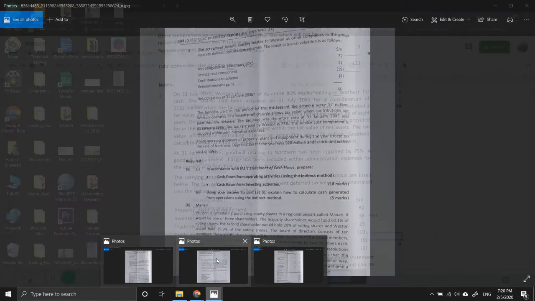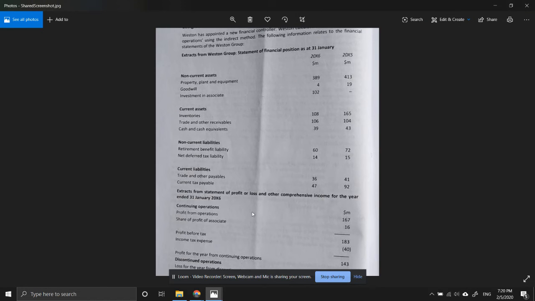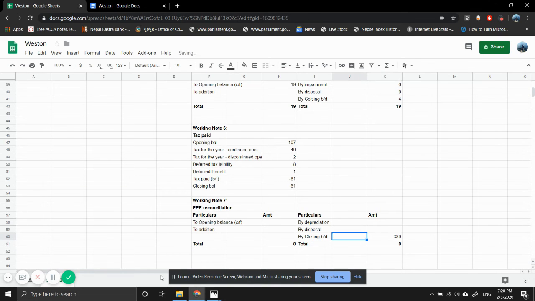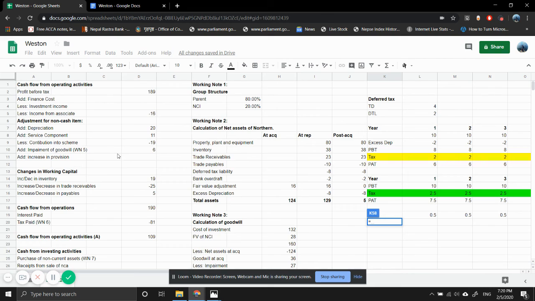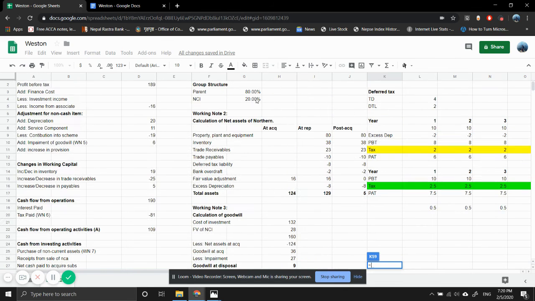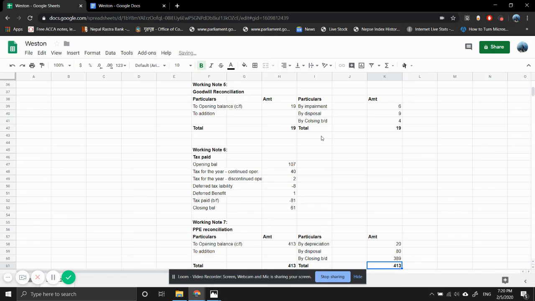From our balance sheet, so closing balance is 389 and 413. 389, 413, right? What's our depreciation? So over here 20. And then what's our disposal? How much did we dispose? It's over here, 80, right? And then there is something else.